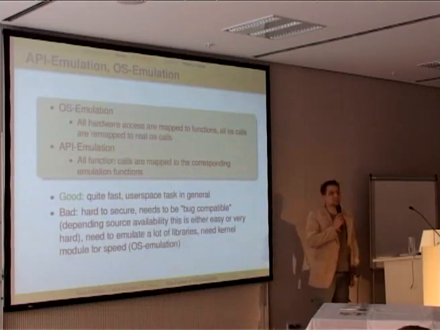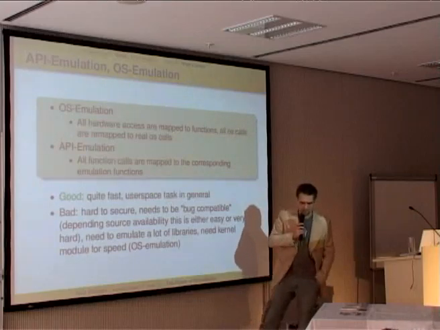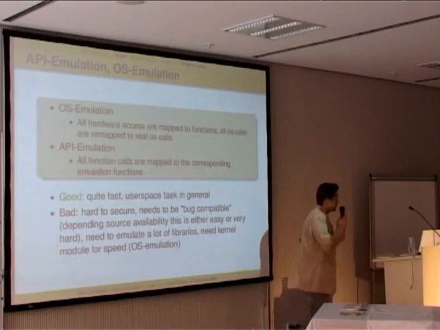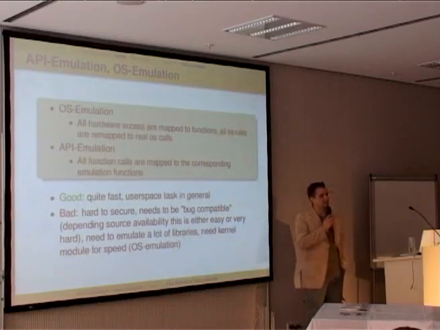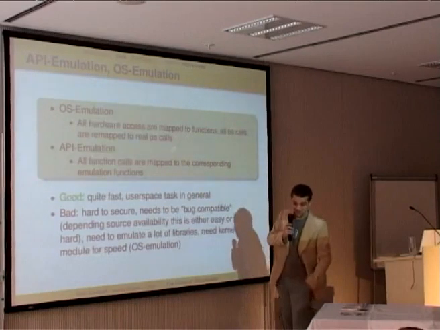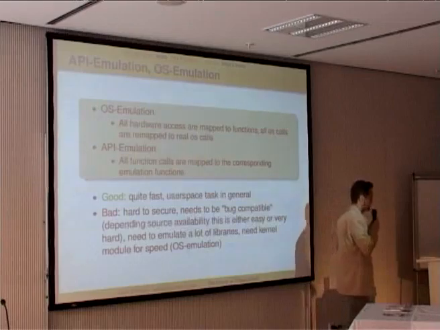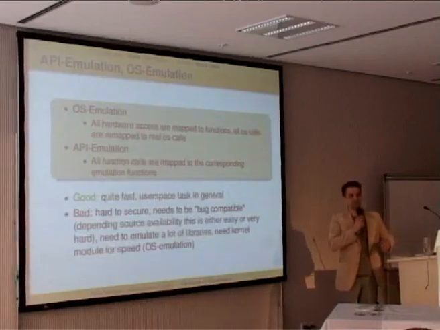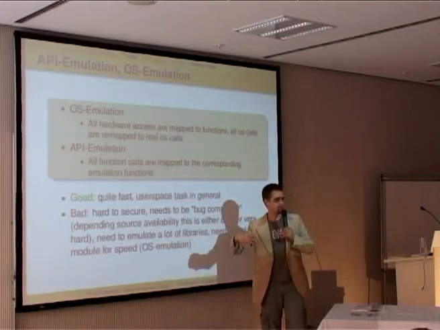So basically API emulation means you have your Windows binary, and of course you want to run it on top of Linux or on top of FreeBSD. Insert your favorite open source operating system here. And to run this Windows binary, well, of course you need Windows, but you don't have Windows. So you need at least the function calls Windows supports, and this is where API emulation begins.